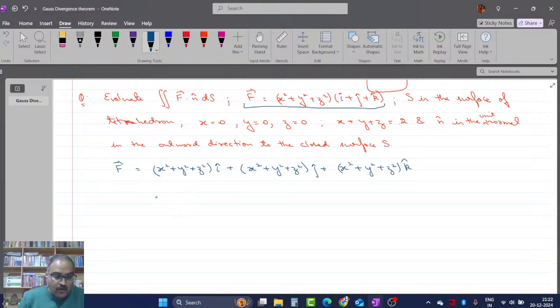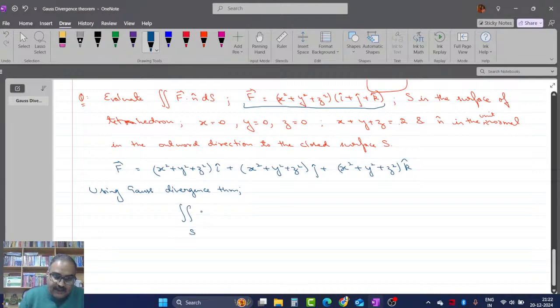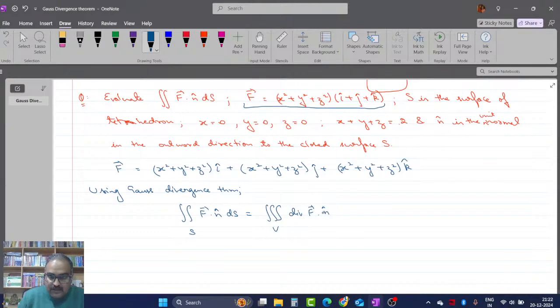Okay, now using Gauss Divergence Theorem, the surface integral of F vector dot n cap into dS will be equal to the volume integral of divergence of F vector into dV.